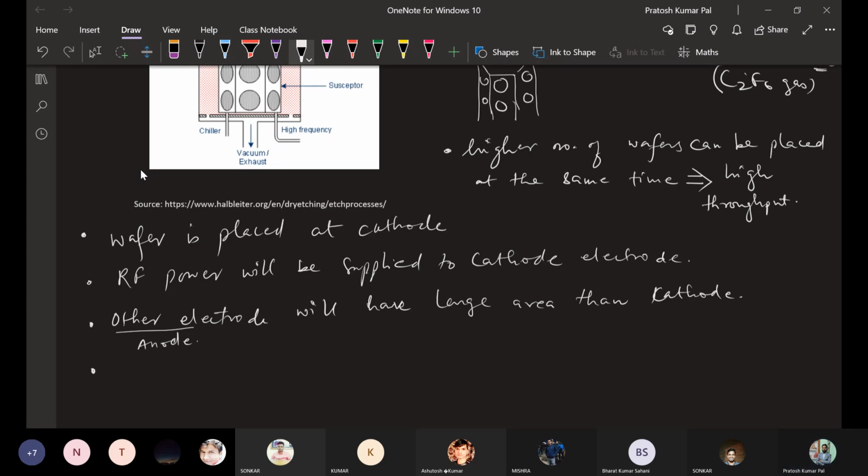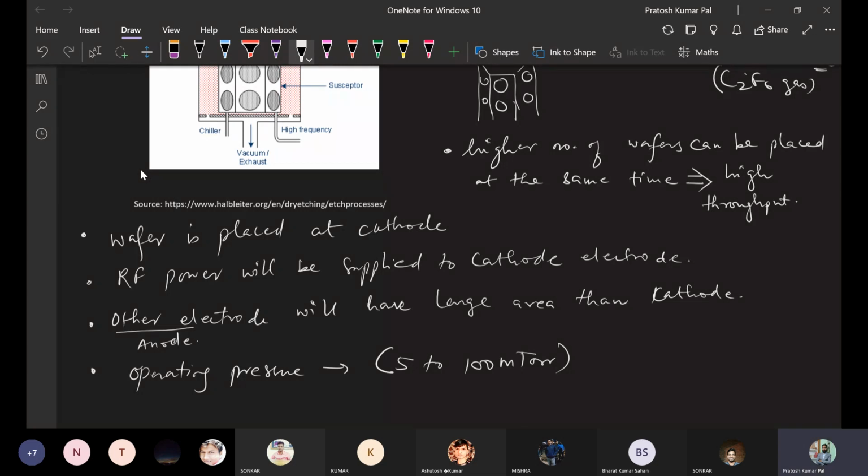Okay, and here the operating pressure in this case is 5 to 100 millitorr. That means it has quite a high operating pressure inside the chamber.